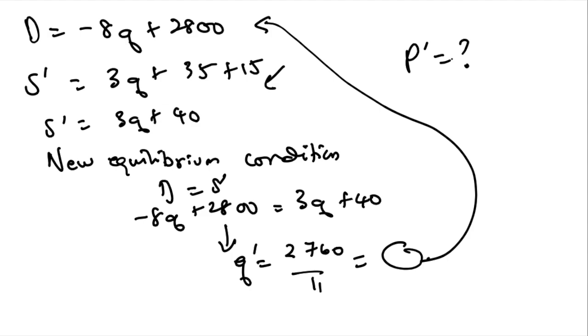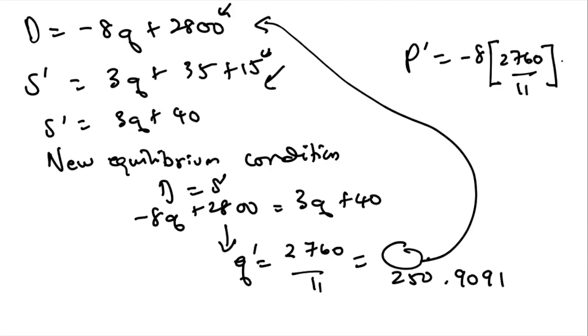So basically with this new tax, how much quantity do we have? We're going to have 250.9091, and then the price you put back in here. Like I told you, you can use either this or this. Let's say I use demand here, so it's going to be minus 8 multiplied by this ratio, 2760 over 11, and then plus 2800.